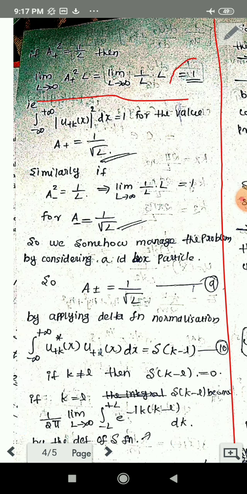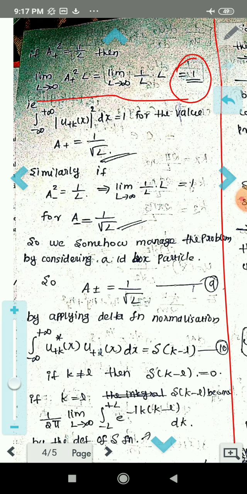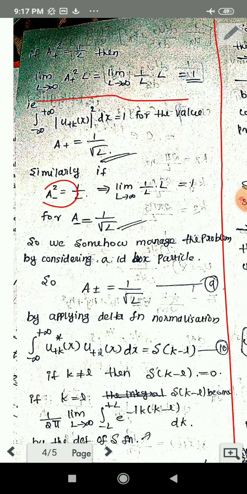Then we get the normalization is equal to 1. That is, we are choosing the constant as 1 by root L. This is one way of finding the normalization constant. If we choose 1 by root L as the normalization constant, then the function will be normalized and the system will be realizable. Similarly we can do it for a minus, isn't it?